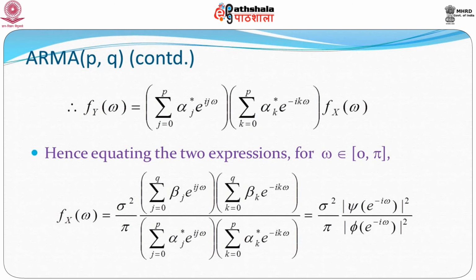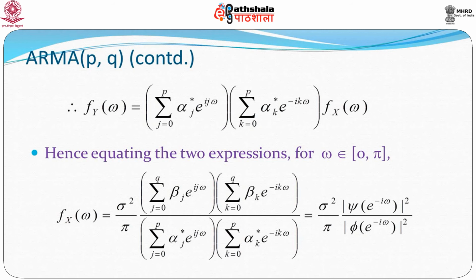And you can see that this can be easily written as sigma square by pi into mod of psi e to the power of minus i omega whole thing square by phi e to the power of minus i omega absolute square. So what you are looking at basically, what is psi and phi?